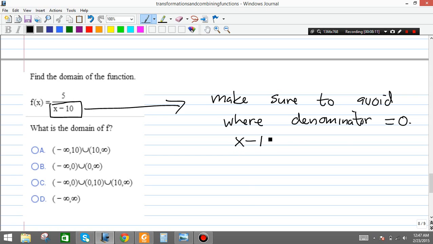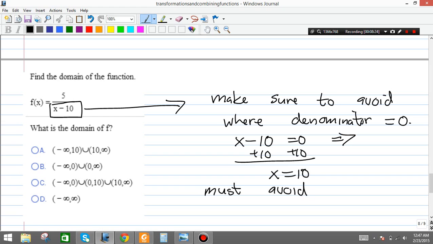Here, x minus 10 is equal to 0 means add 10 to both sides. x is equal to 10. Must avoid 10. That means on the number line, I want all of this, not that, all of this. That would be, in interval notation, -infinity to 10, union with 10 to infinity.